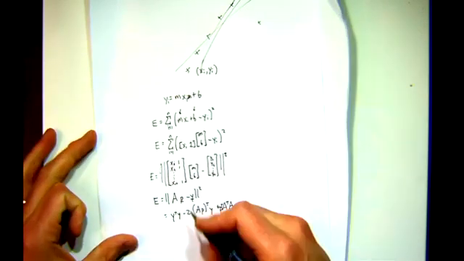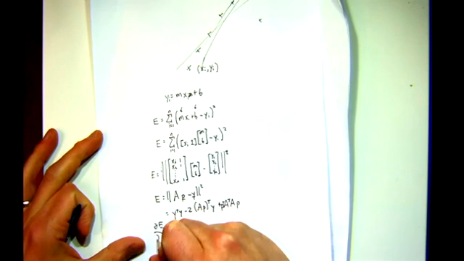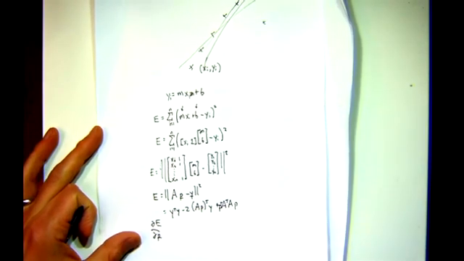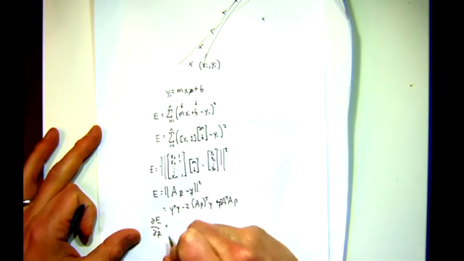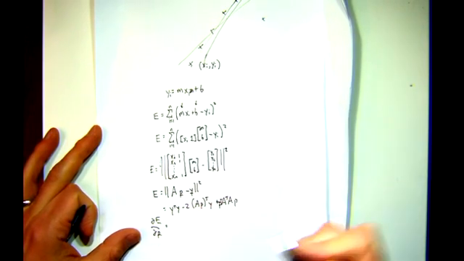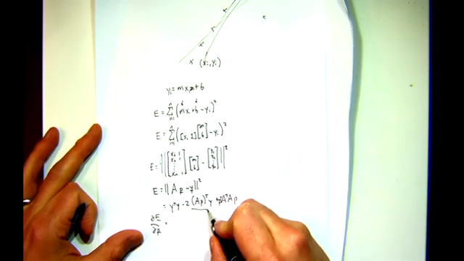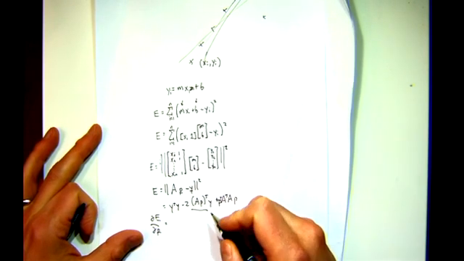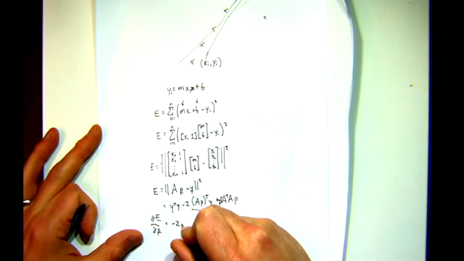So if I take the derivative of E with respect to my vector P, then the derivative of Y transpose Y is, of course, 0. Then the derivative of this term here is minus 2 A transpose y.